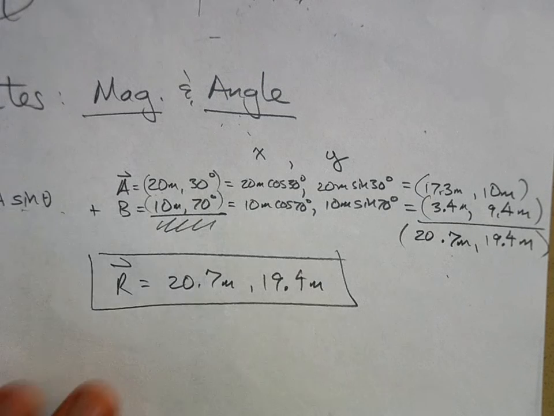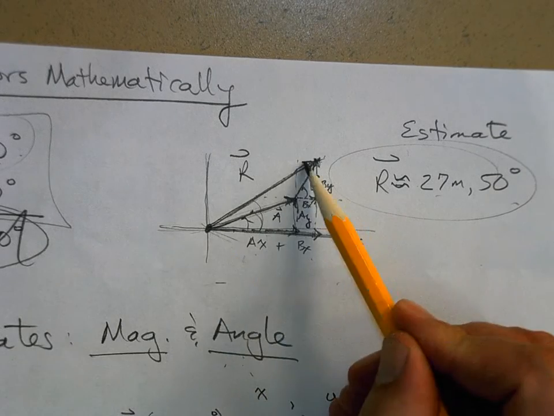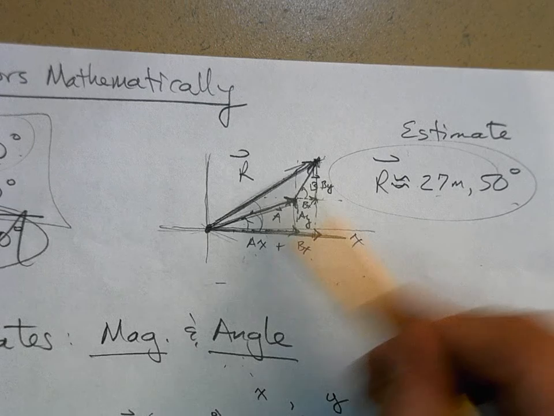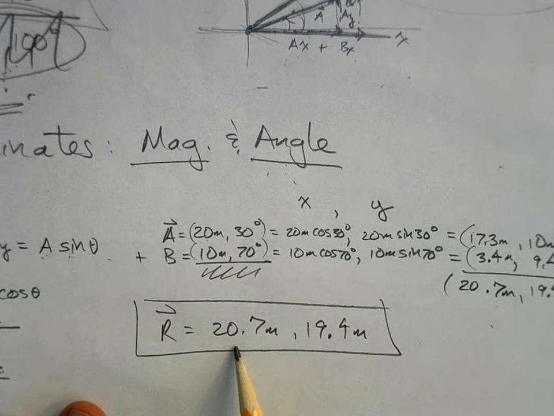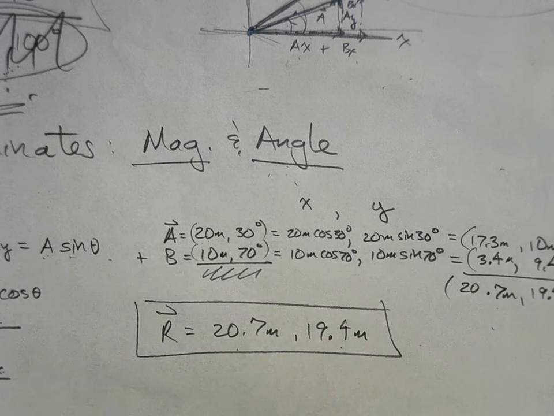So how do I figure out vector R? Right here, this vector R, A plus B equals vector R. How do I figure out what this is in terms of magnitude and direction? How do I figure out its magnitude? Well, if it goes this far in the x and this far in the y, what can I use to figure out what the total length is?